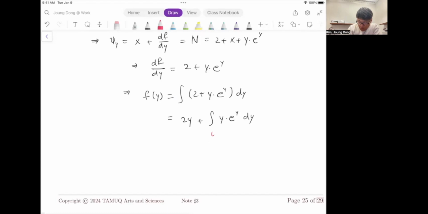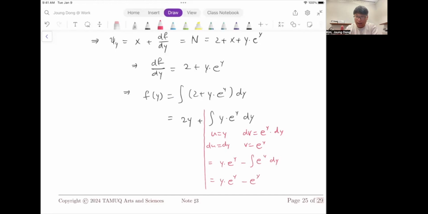My u is y and dv is e^y dy, and my du is dy and v is e^y. That's it, okay? So I'm talking about this part, which is equal to uv minus the integral of v du, the integral of e^y dy, which is y e^y minus e^y. There is a constant, but keep in mind that constant will be added later. That's why for now, it is okay.